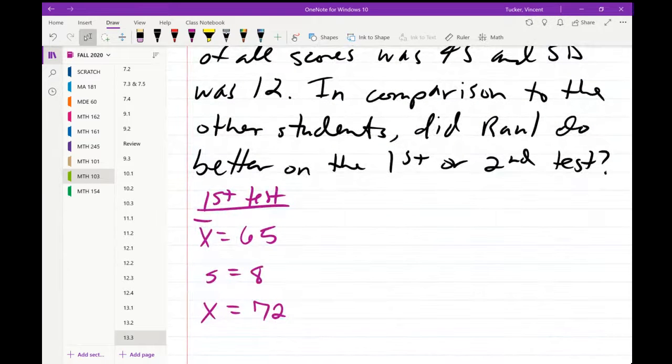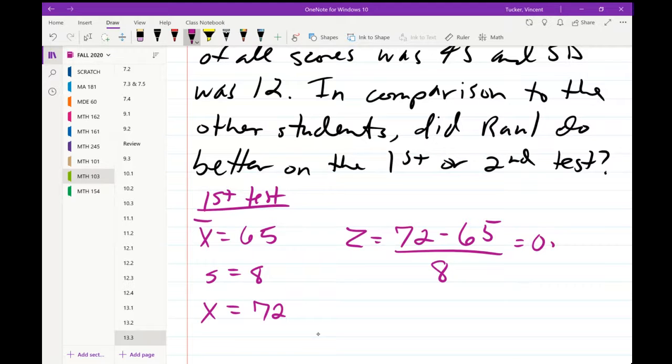All right. So to find the z-score, we're going to do 72 minus 65 divided by 8. That gives 0.875.